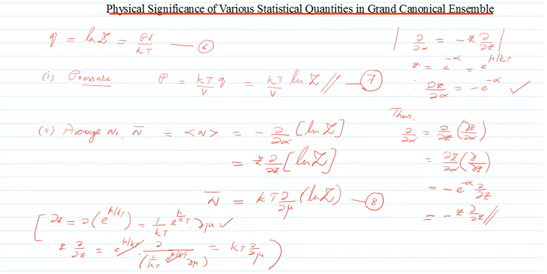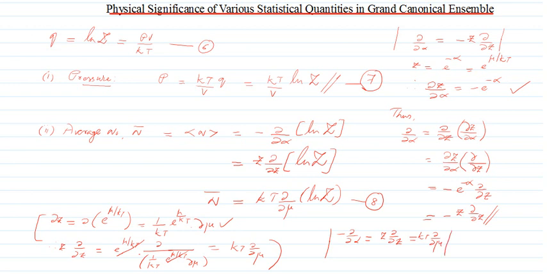So instead of z ∂/∂z, we can always use kT ∂/∂μ, and instead of minus ∂/∂α, we can use z ∂/∂z. What I advise is that you remember these two identities. The first one is that minus ∂/∂α is equal to z ∂/∂z, which is further equal to kT times ∂/∂μ. Why do we use all these things?